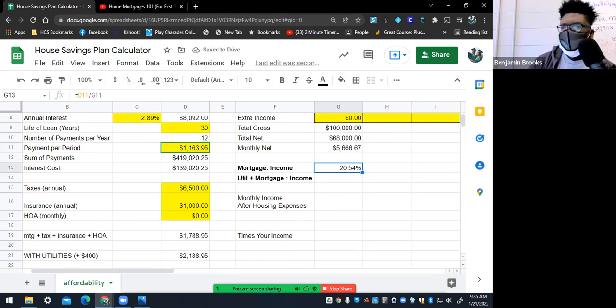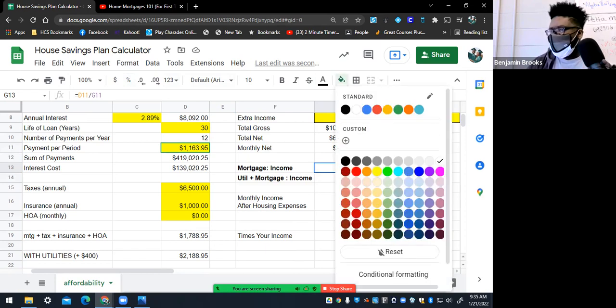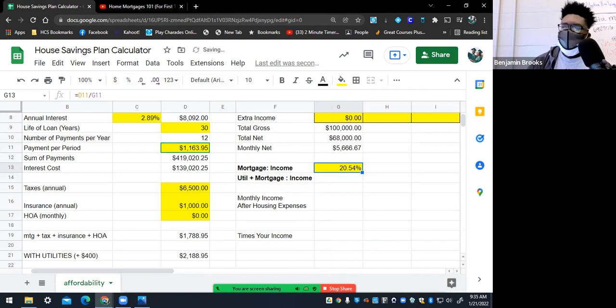So all I did was I clicked on cell G13. And I probably should highlight this, honestly. Should do that right now. But I've got my payment per period divided by my monthly net per period. These two.